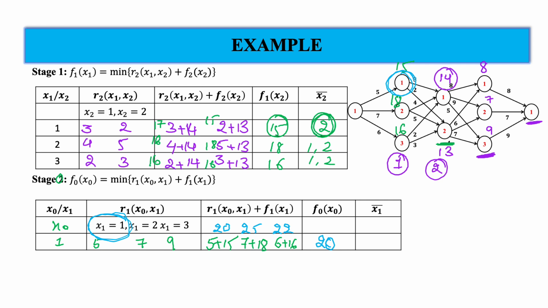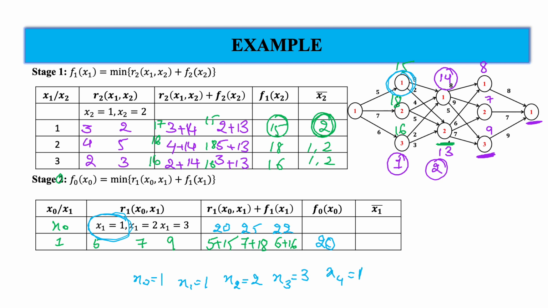So the minimum path is x0 equals 1, x1 equals 1, x2 equals 2, x3 equals 3, and x4 equals 1.